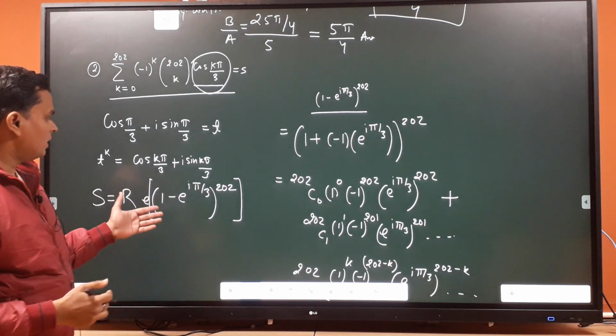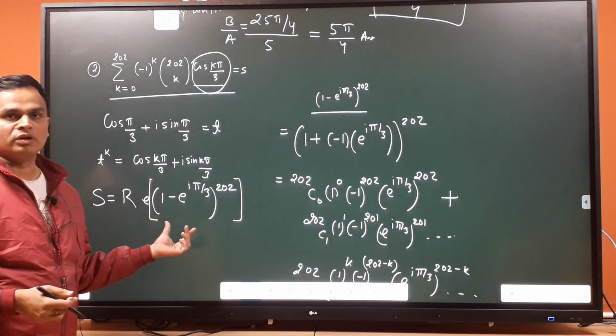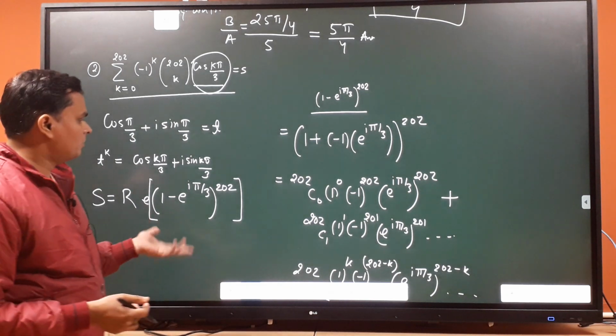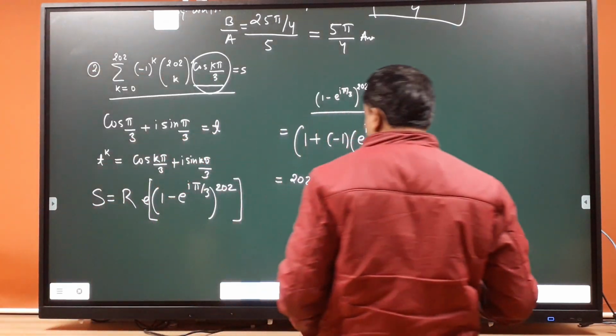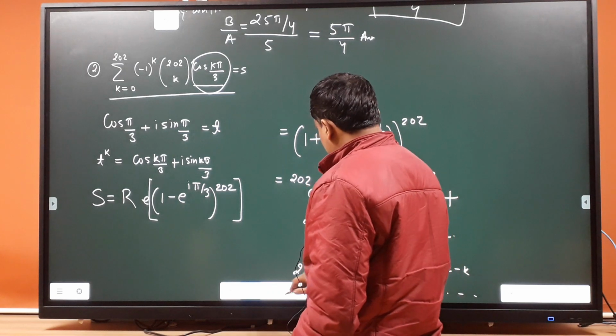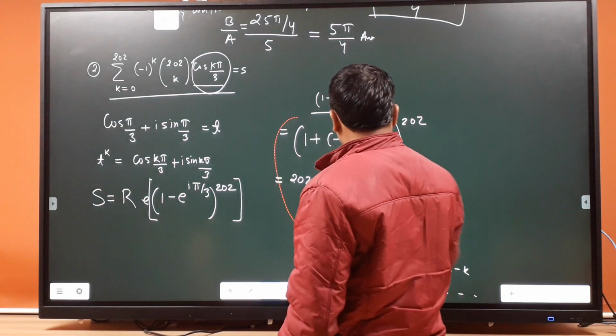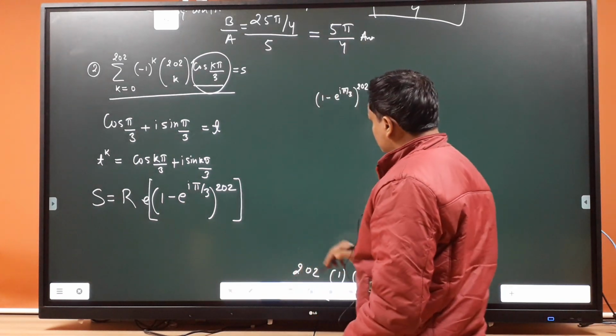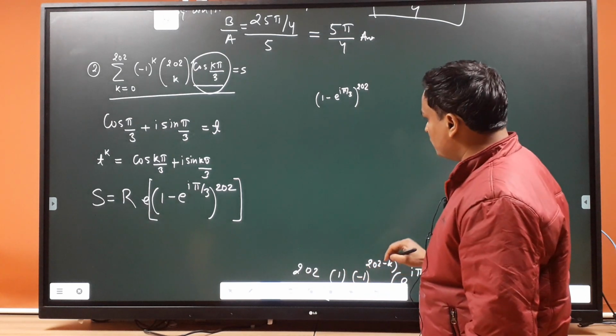It would have been better if we could reduce it to a single quantity. So how can we reduce it to a single quantity? Let us see if by any algebraic manipulation we can reduce it.